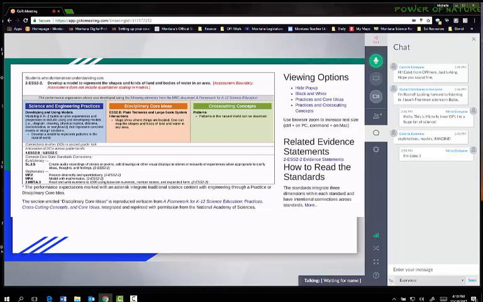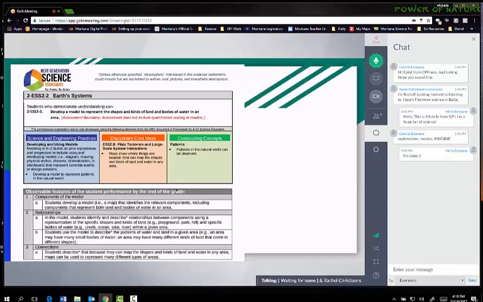When I'm looking at this for my students, I've done one for each grade band in the progressions where we looked at those verbs. I'm looking at the standard itself, and it does suggest some cross-cutting concepts as well. But this link over here labeled evidence statement is really powerful. What happens when you click on this link is that it takes you to something that looks like this. I've just cut out part of that so that you can look at it in the way of a student's performance expectation.